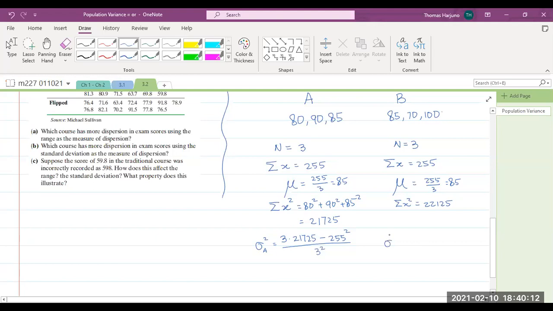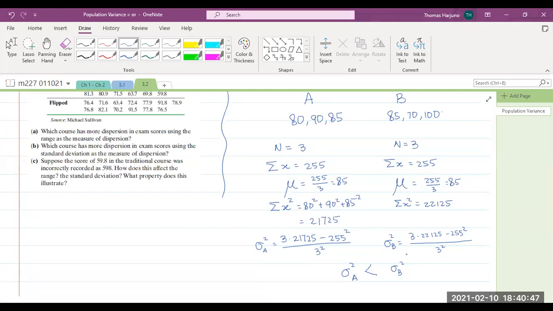While the population variance for B will be 3 times 22,125 minus 255 squared over 3 squared. Now you can compute this further and you will see that B is greater. Because the variance for B is greater, it means the data in B varies more compared to A.